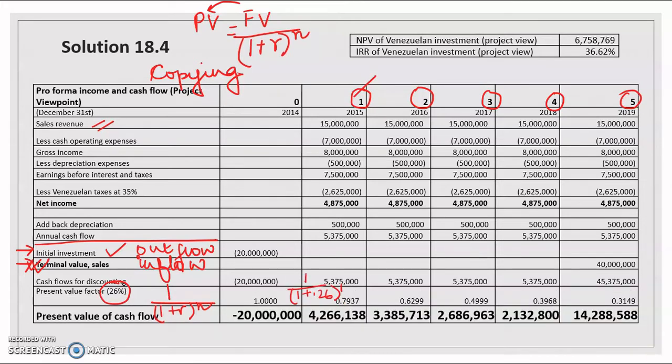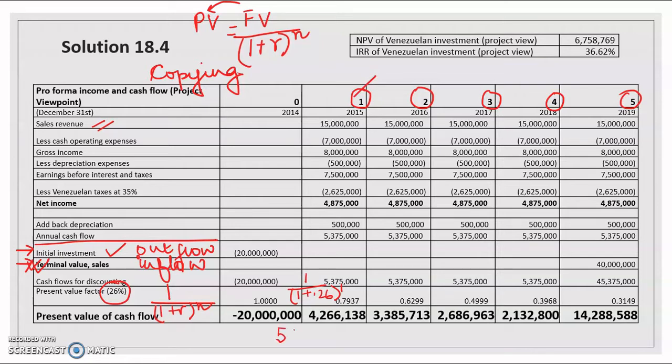So based on my calculation, because I've already calculated the 1 divided by 1 plus r to the power n, in order to get your PV, you just calculate your future value times your discount factor. In other words, there are two ways to calculate this.